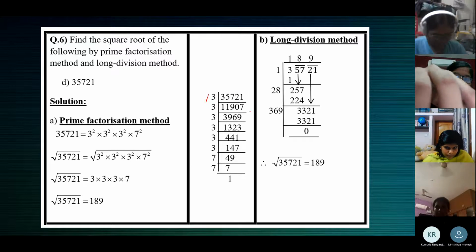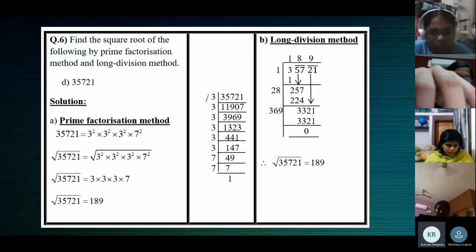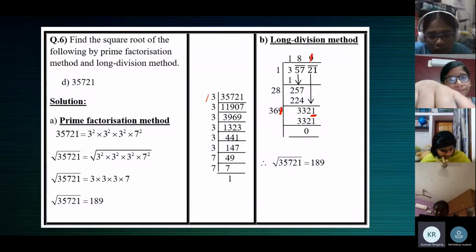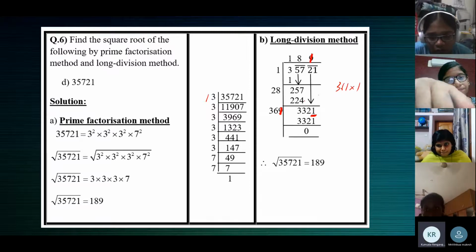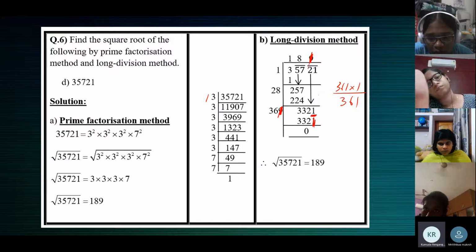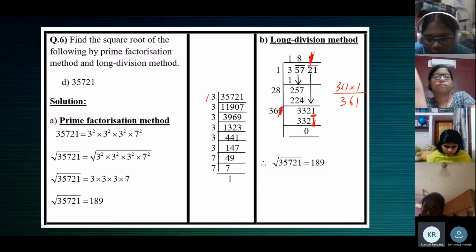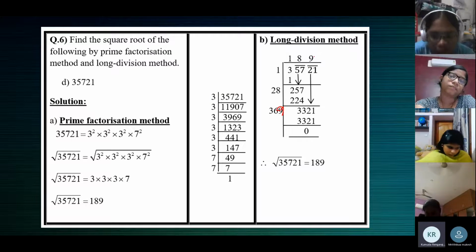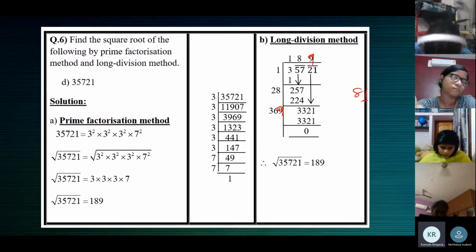Here also, if you see the last step, it ends with 1. So it will be 361 into 1, which will give me 1 in the end. If it is not 1, then I have to use 9, because 9 nines are 81, which will give me 1 in the end.